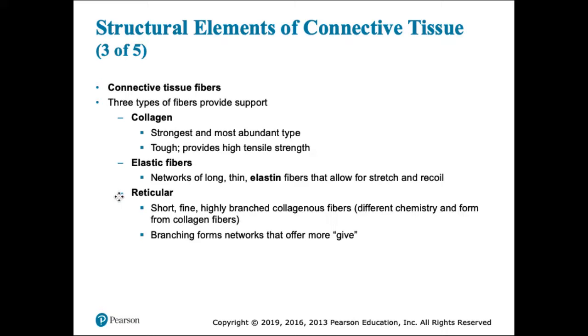And then reticular fibers are very short and fine, but they're highly branched collagenous fibers. They have a different chemistry from collagen, so even though they're collagenous, don't get them confused. Collagen and reticular fibers are still different, but with their branching form and networks, reticular fibers offer a little bit more give instead of the tensile strength that you see in collagen.